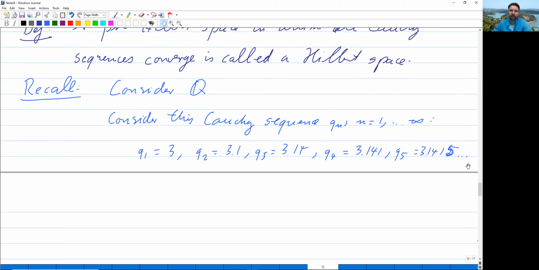But is there a number towards which this sequence converges? No. You might say, well, it's pi. Yeah, but pi is not a rational number. So in the set of rational numbers, this sequence is not convergent. It is a Cauchy sequence, but it's not convergent because there's no number towards which it can converge. That's the reason why we invented real numbers. The rational numbers are not complete.